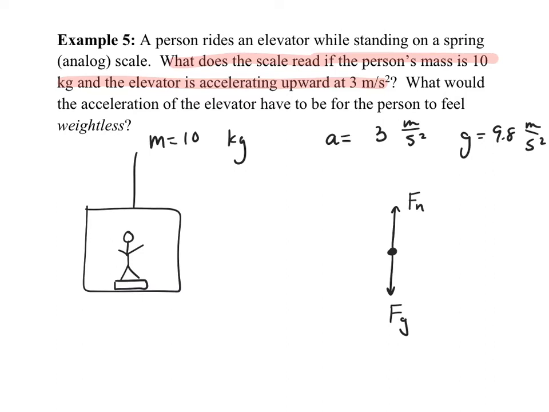So remember, this is very similar to the problem we just did with two stacked objects, right? But we are really concerned with what the scale is going to read, which is very difficult because nowhere do we say we have a reading for the scale. But here is the thing. The way a scale works is it's literally showing you the normal force pushing back.